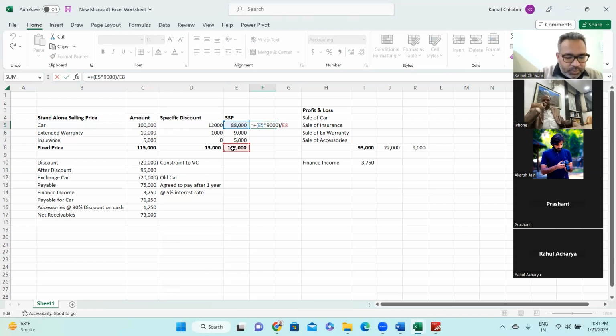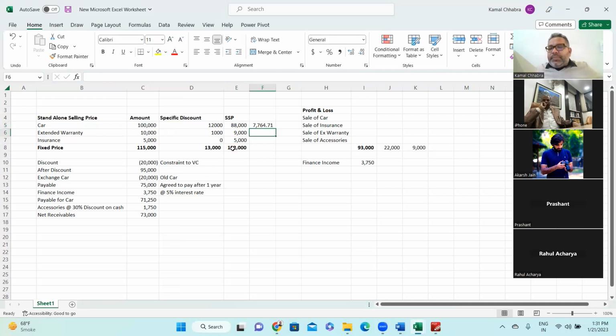I am just trying to put the formula, but yeah, there you go. Right? So this is the discount which you will be allocating to the respective item.